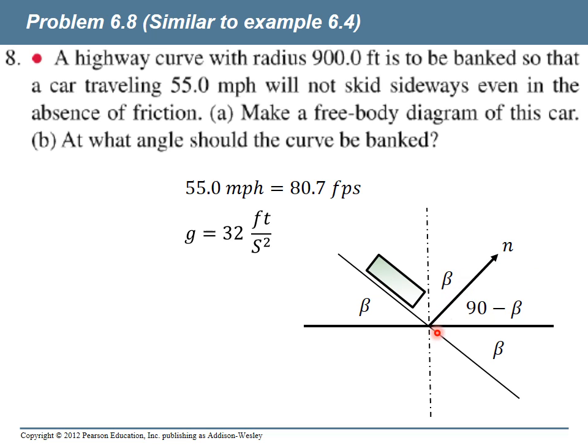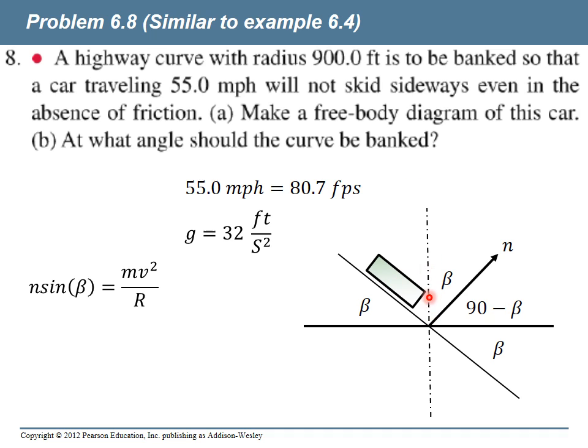And so the component of this would be the normal force times the sine of beta, right? This is beta here, then this would be N sine beta. So we have here the normal times the sine of beta has to be equal to mass times our radial acceleration, mv squared over r. And we also know that the normal force has some vertical component as well, right?